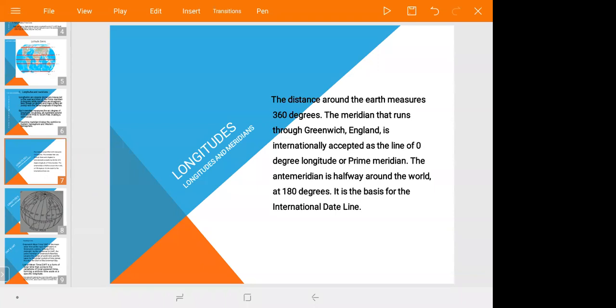And that 360 longitude difference makes a 24 hour time difference. Therefore, the day changes.